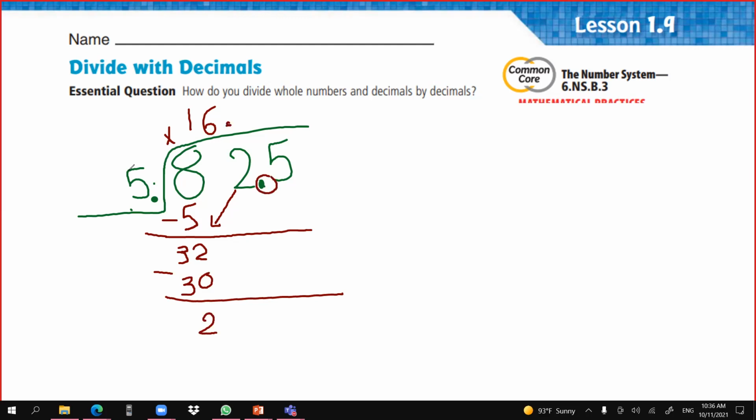We have to bring it up. Then we will write 5 down. 25 divided by 5. 5 times 5, 25. So what will the answer be here? 16.5. This is the idea of the lesson.